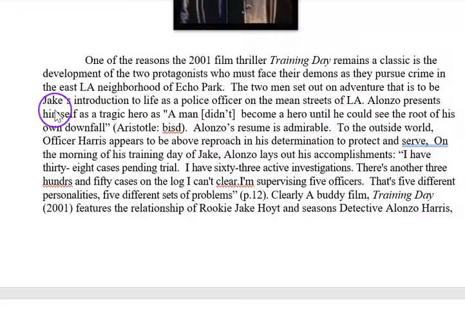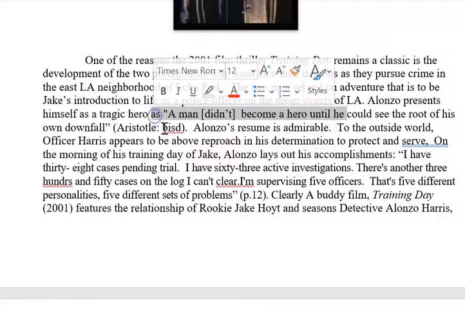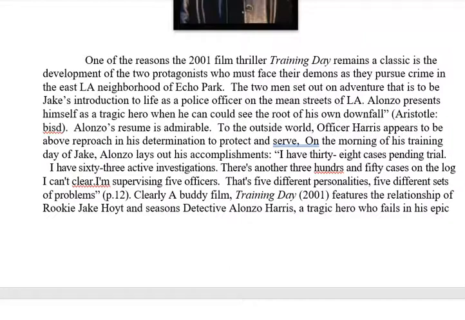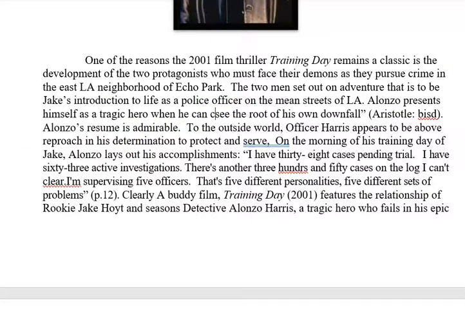Alonzo presents himself as a tragic hero. See that? Perfect.